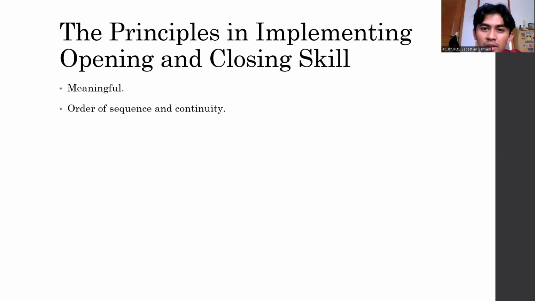There are principles in implementing opening and closing skill, and they are quite similar to the explanation skill before. The first one is that it needs to be meaningful. Meaningful means that when we open a class, we should make the activity meaningful. It is not only to make the students not sleepy anymore, but also to make them very engaged.